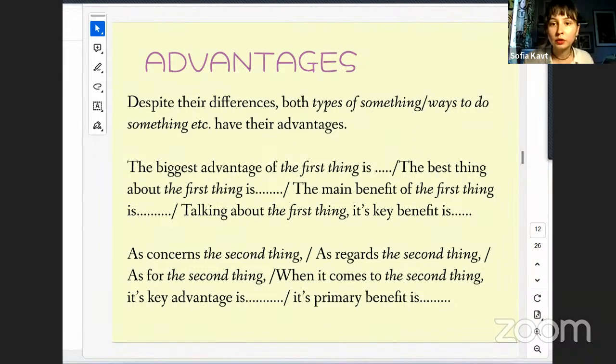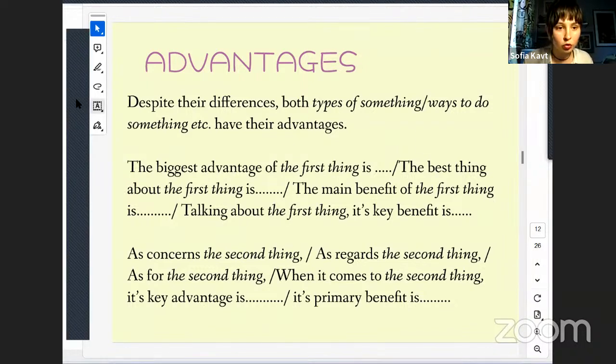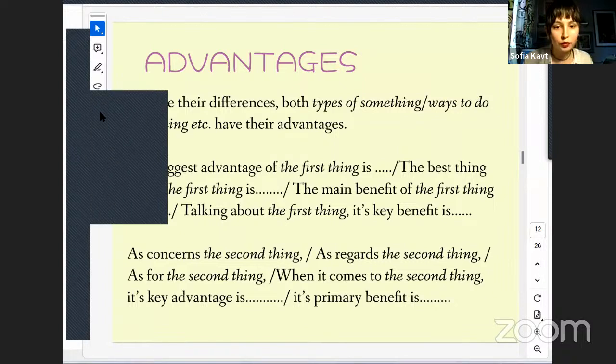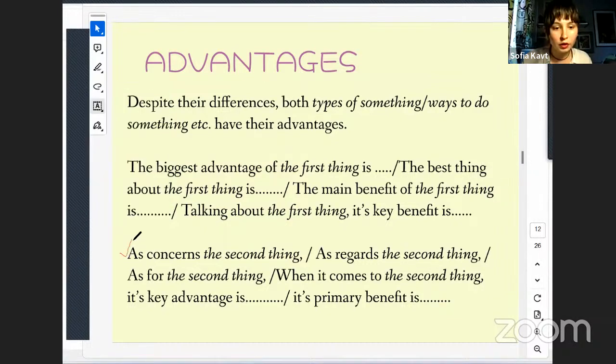Then we can use some signposting language, yes, to move on from the first thing to the other one. And for that purpose, we can say things such as concerns, as regards, as for, or when it comes to. They are all pretty much the same.